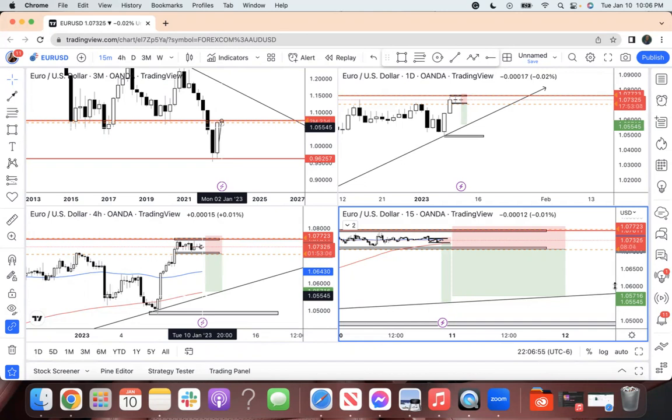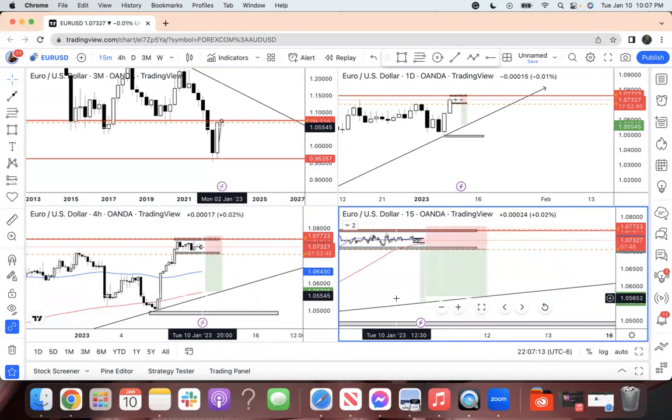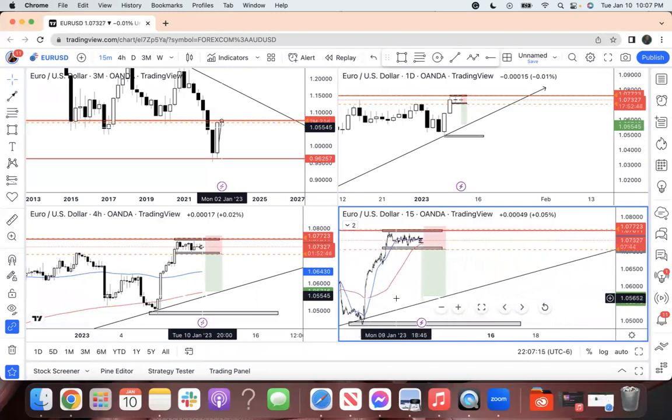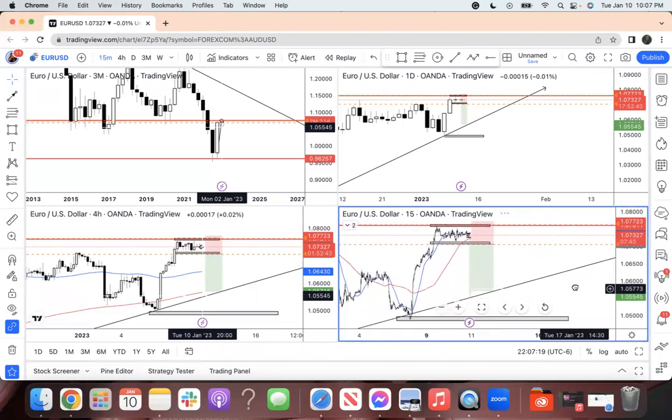And then you're leaving a runner open of 0.10 to continue down and catch the rest of this move if price decides that it's going to continue to come back down and test this area of support, which was identified as the trend line.